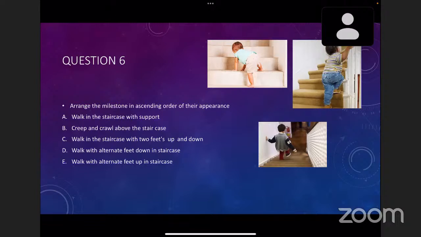So here you have to arrange the milestones in ascending order of appearance. As I said, first the child has to creep and crawl. Then with some support, the child has to move, as in cruising and also walking with support.